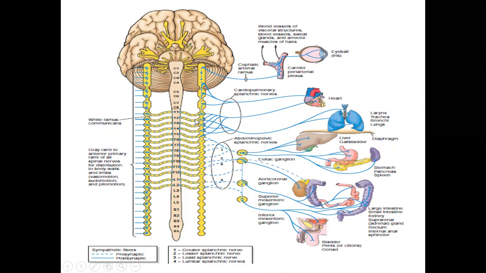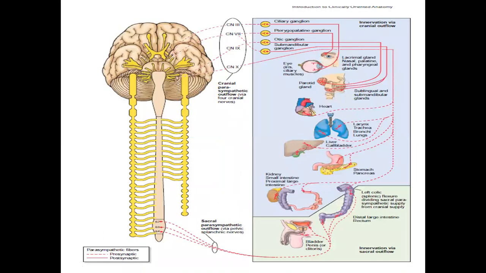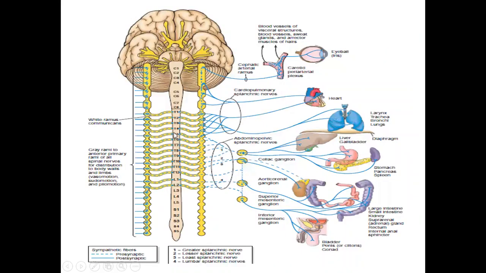The nerves then go on to supply the heart, lungs, everything. Here also you can see it is supplying the heart, lungs, everything, but it will just do the opposite. Parasympathetic will do the opposite of the sympathetic. There are no cranial nerves here, no sacrum, only from the thoracic up to the second lumbar. So all these nerves supply the same organs, but they do the opposite function.